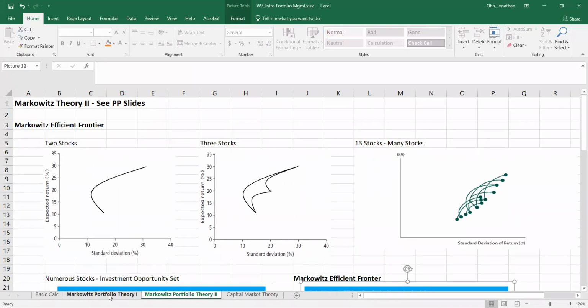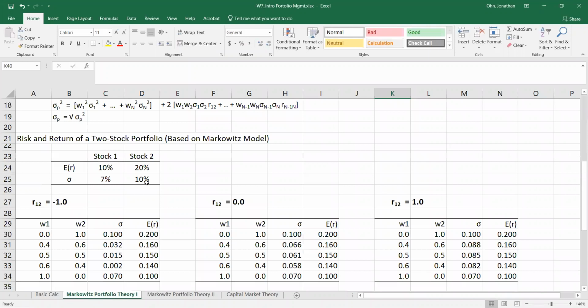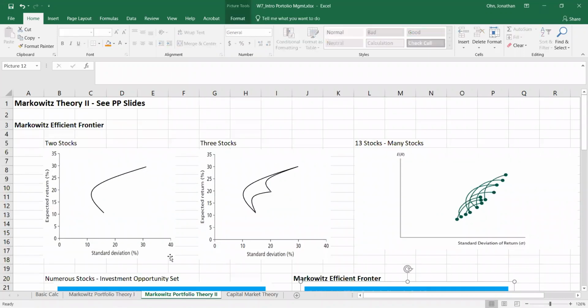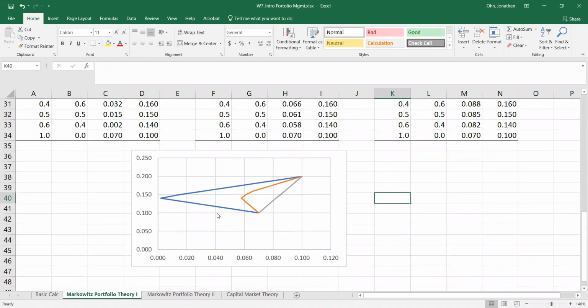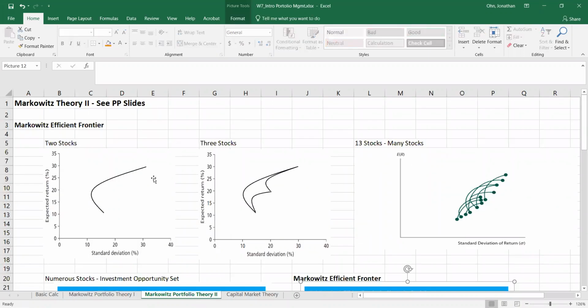So we saw when you combine two different stocks like this, the general pattern is, as you see, this shaped curve, right? That's a quite typical general model.